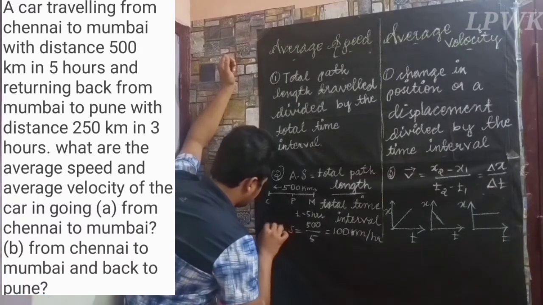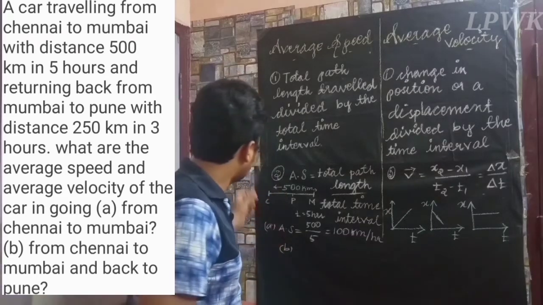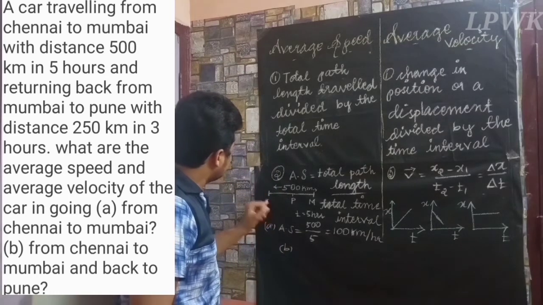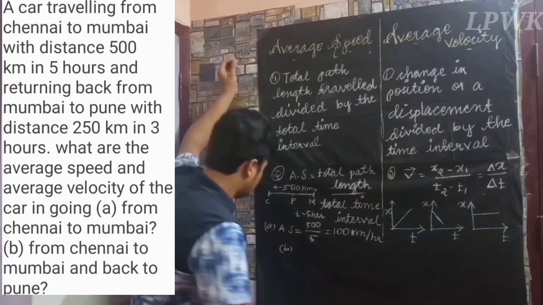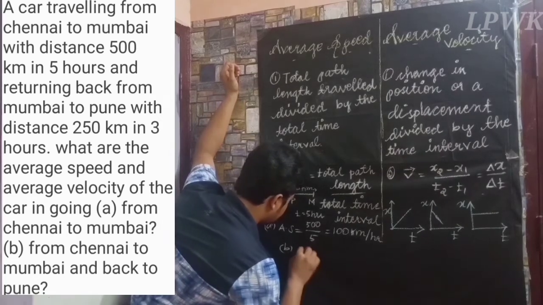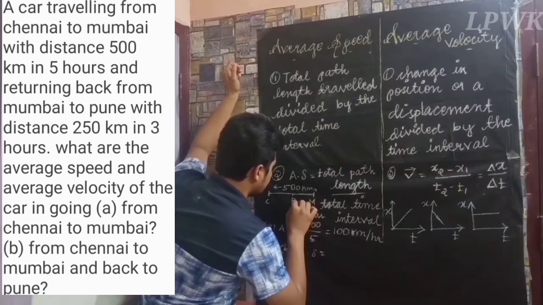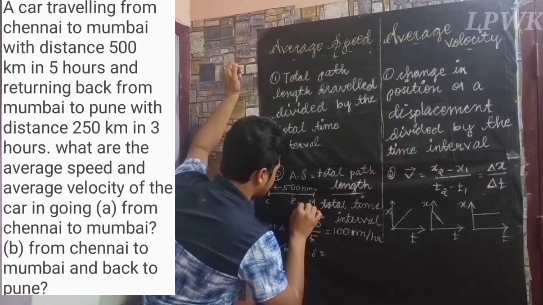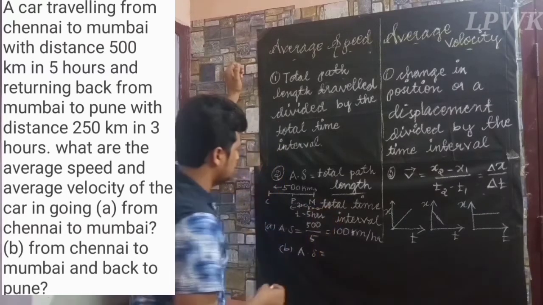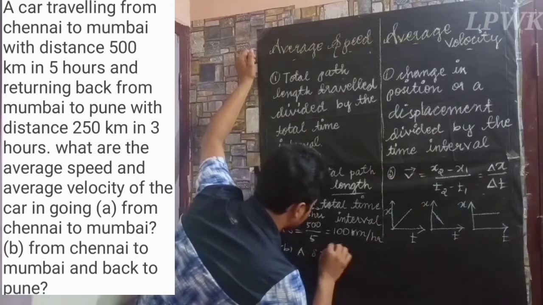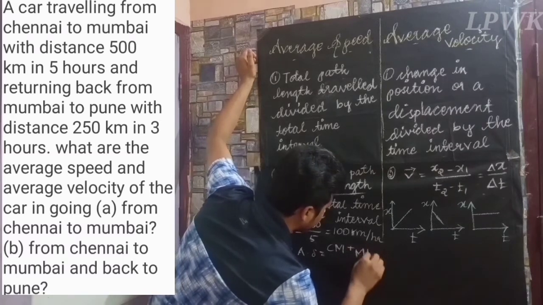Next, they have asked for Chennai to Mumbai and from Mumbai to Pune. Average speed is equal to, they have given the distance as 250 kilometer. I don't have space, so I have written it here. We need to add Chennai to Mumbai plus Mumbai to Pune.